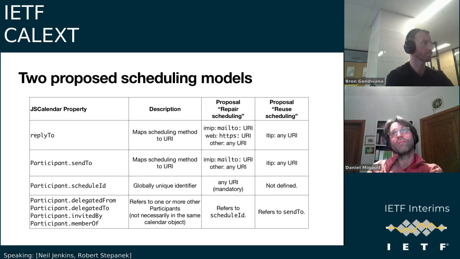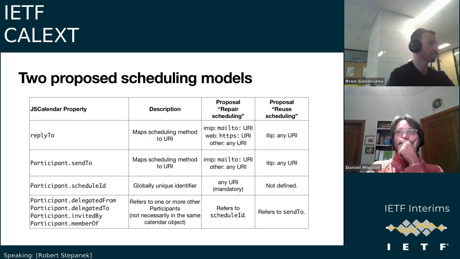Yeah, right. So I think that if we now go with the pair scheduling model, then I think the other method shouldn't be defined because it seems strange to me to have a catch-all, iTIP or whatever.